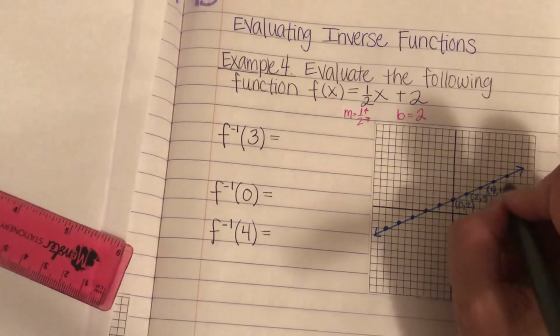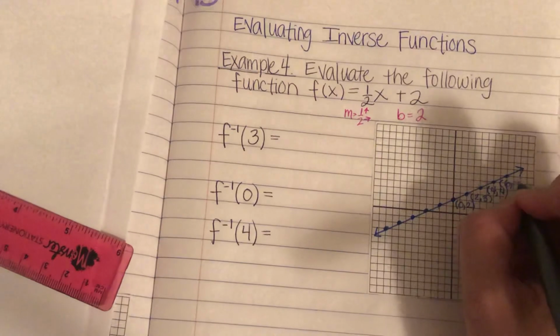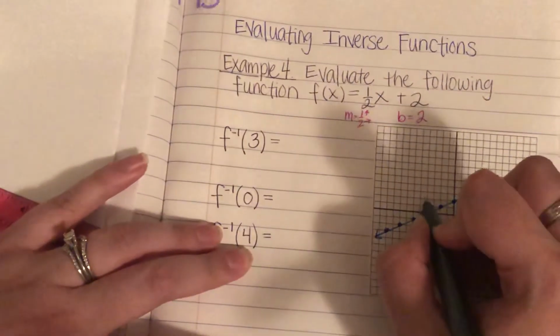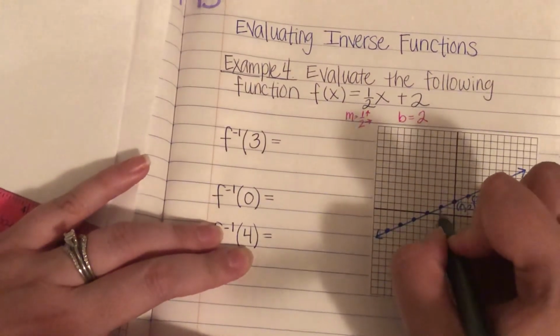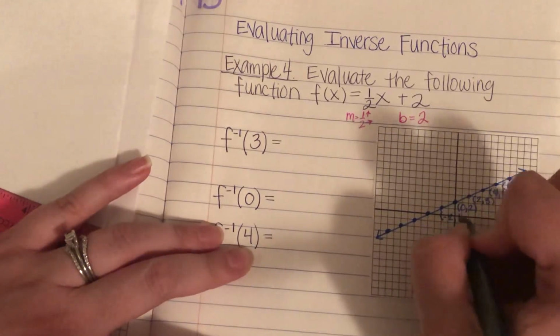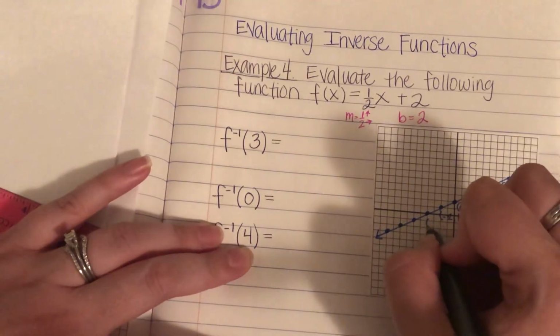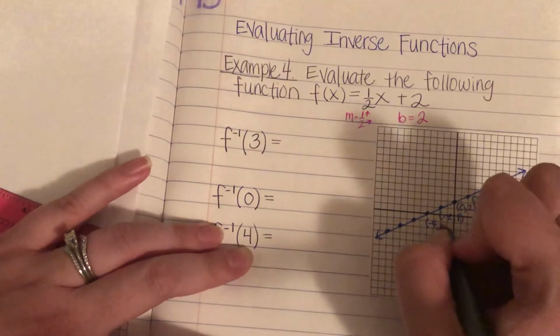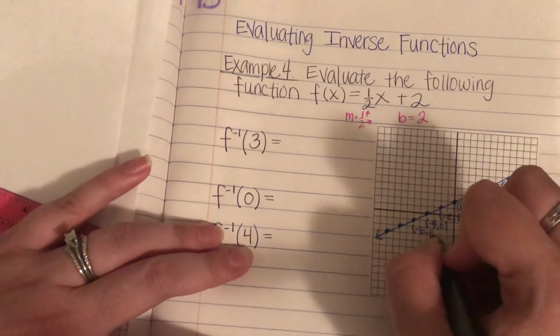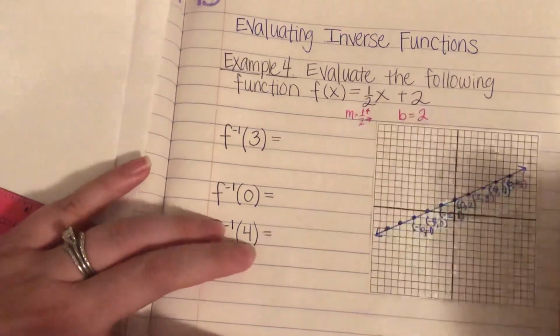And this one is (6, 5). And then I'm just going to leave the last one off. I may or may not need it. Down here, I've got (-2, 1). Then I've got (-4, 0). Then I've got (-6, -1). And that should be good.